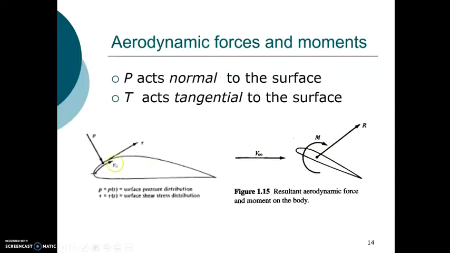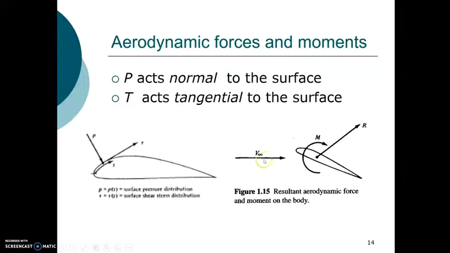Here the body which has been drawn is just the cross section of a wing, which is an aerofoil. Later on we'll also discuss what aerofoils are, but for now they're just the cross section of a wing.